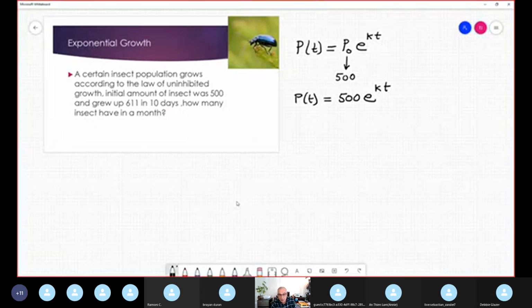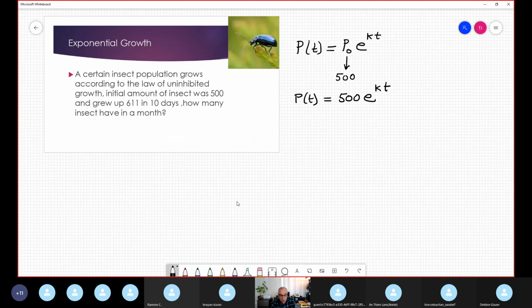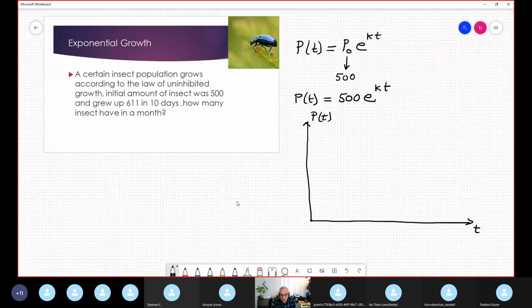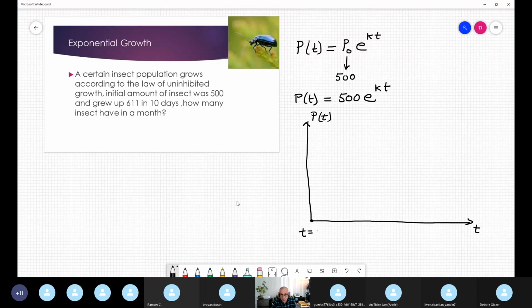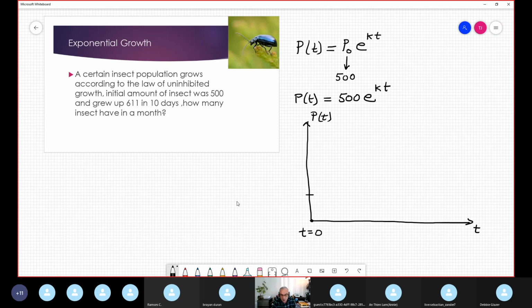I highly recommend doing a sketch to understand the word problem, because one image, in my opinion, is much better than 1,000 words. So for example, at the beginning, at t equals 0, we have 500. 500 what? 500 insects.